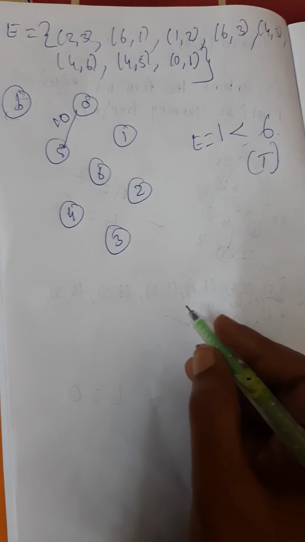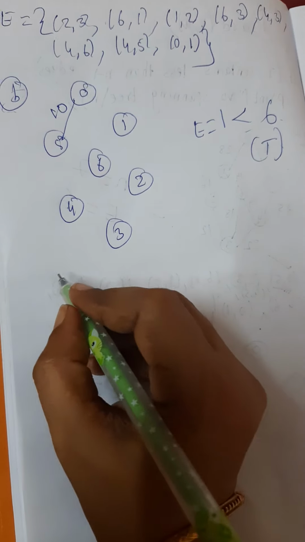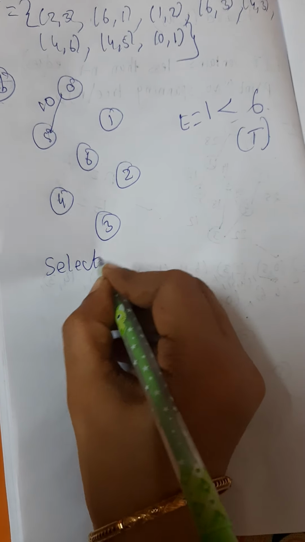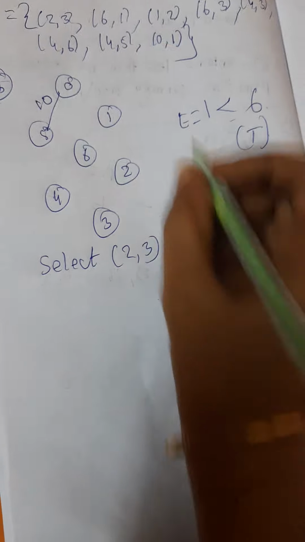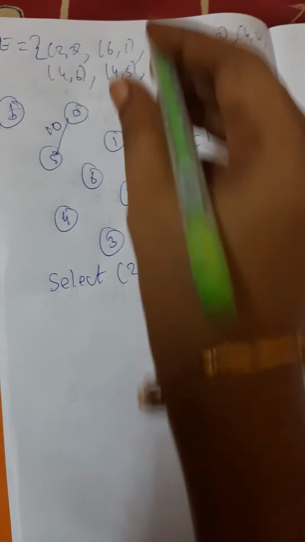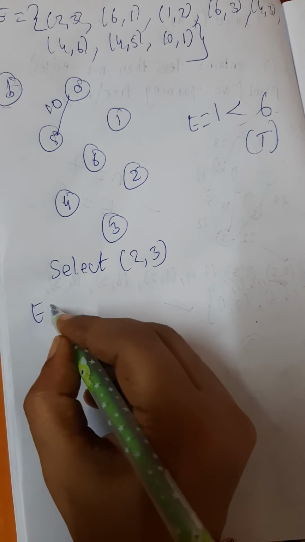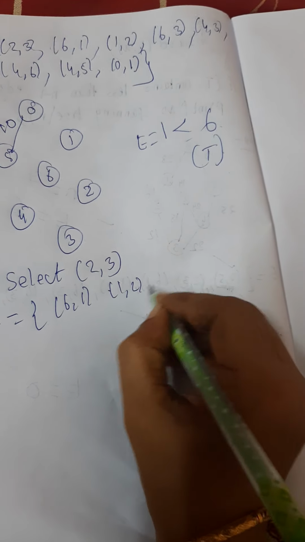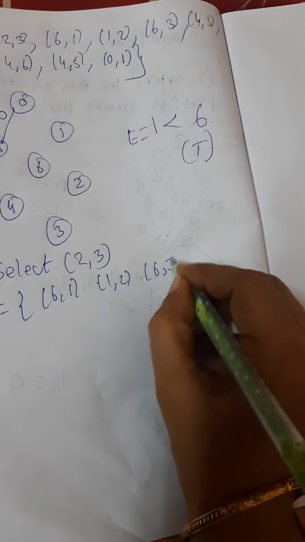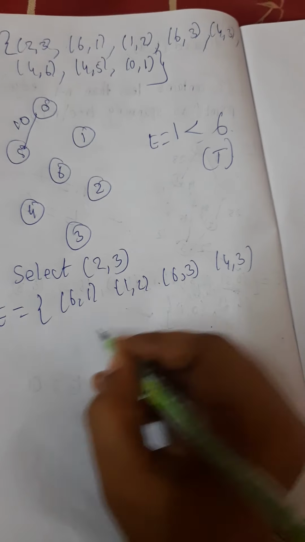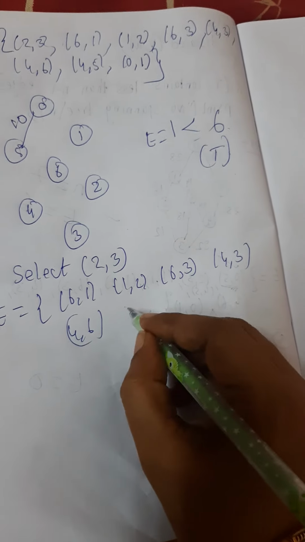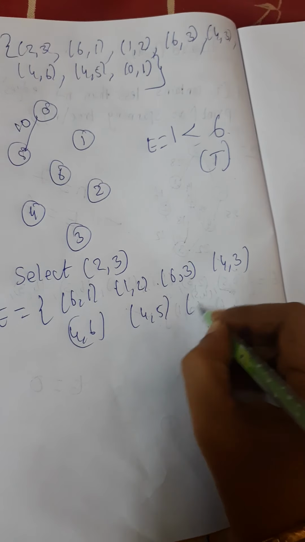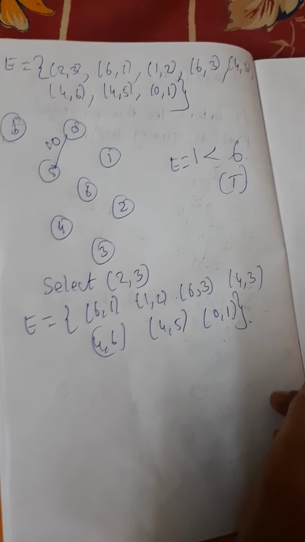Now the same process is repeated. Select 2 3, because this is the minimum. Now delete 2 3. If you delete 2 3, 6 1, 1 2, 6 3, 4 3, 4 6, 4 5 and 0 1 are the remaining edges.